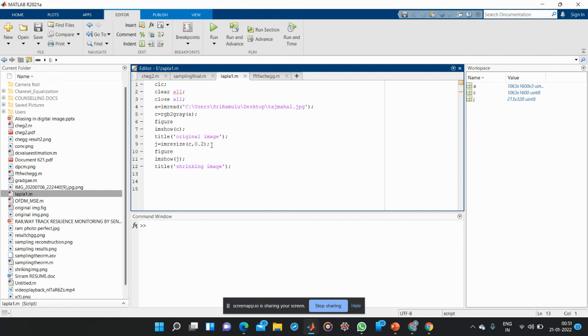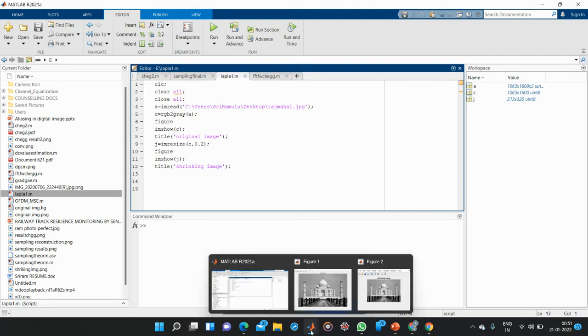After the sampling, we get the resized image, which is of lower quality compared to the original image. This is the simple MATLAB code, showing how sampling affects the image quality.